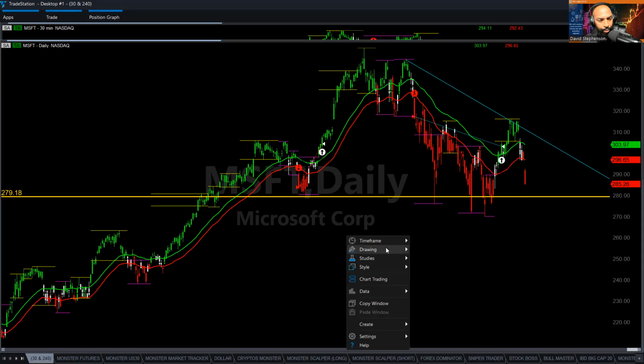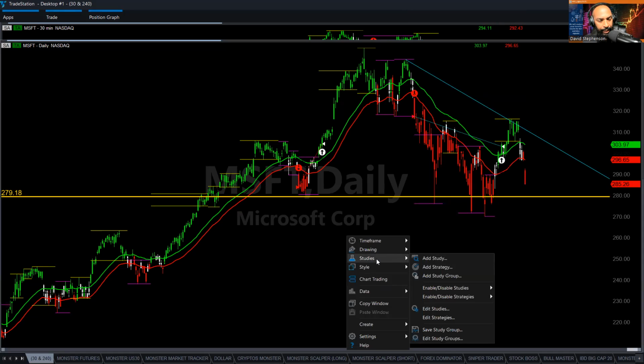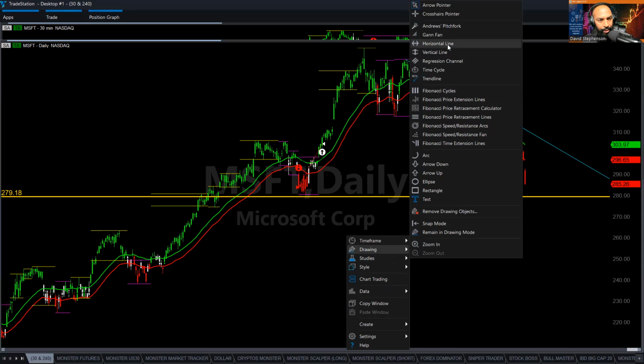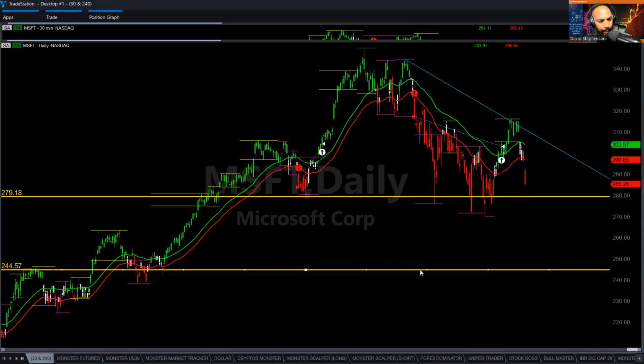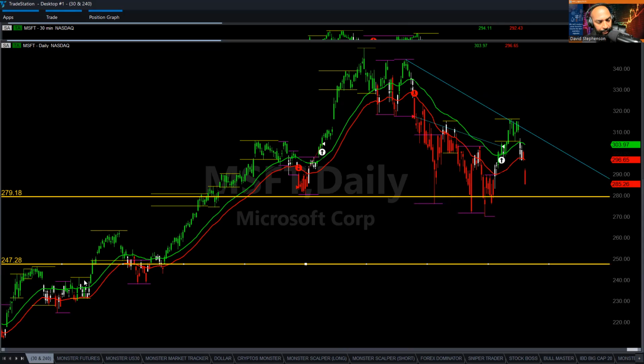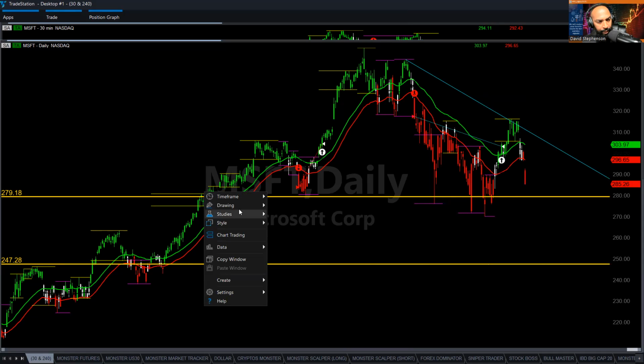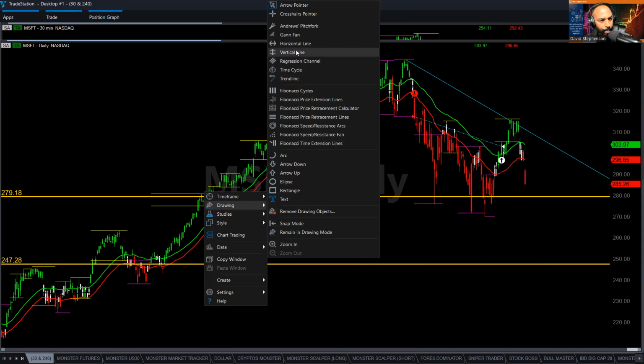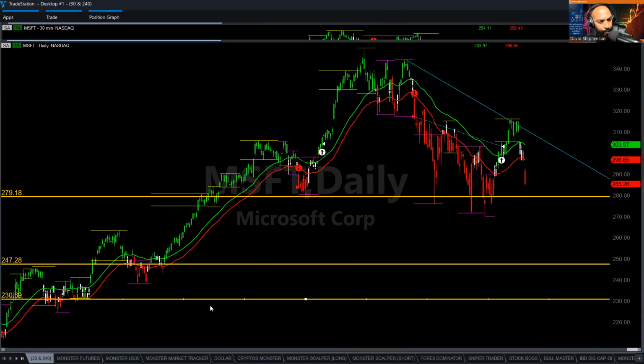If it breaks that support, the next major support that you've got is about, I would say right here, that cluster. If we bring it up, I would say this area in here. So if it breaks this area in here, you could get it to go further down in here.